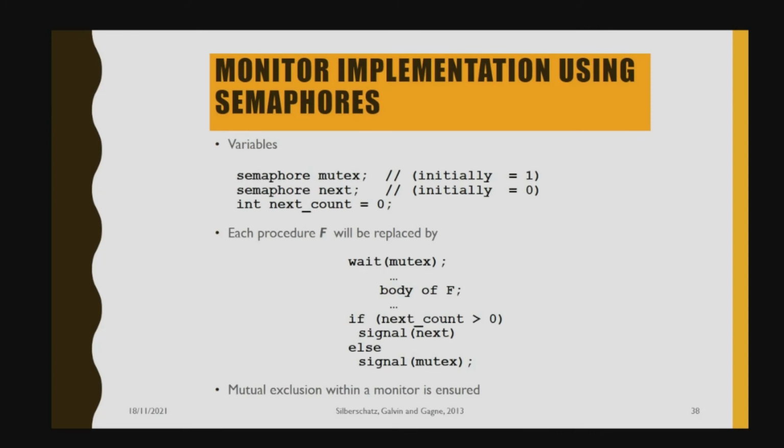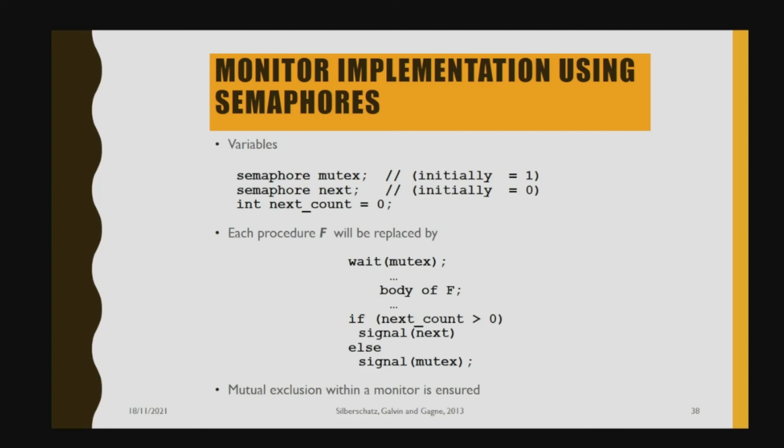So monitor implementation can also use semaphores, meaning the variables. So semaphore mutex, initially we put the value as 1, and semaphore next, the value is 0. So integer next_count equal to 0. Okay, we use the variables.